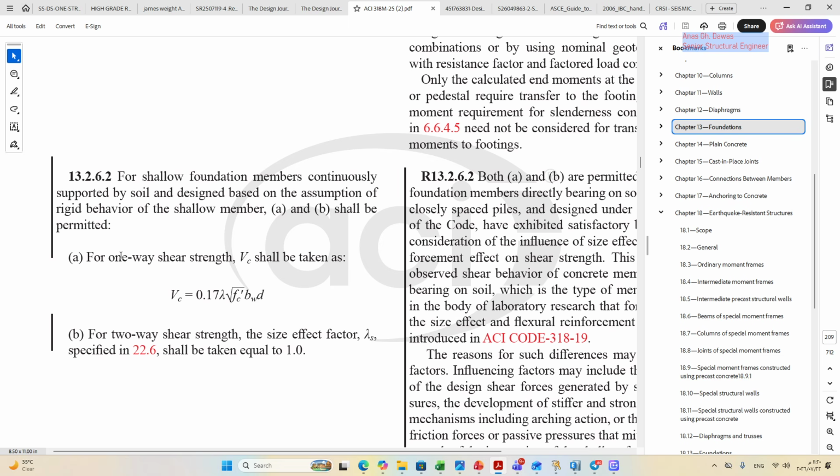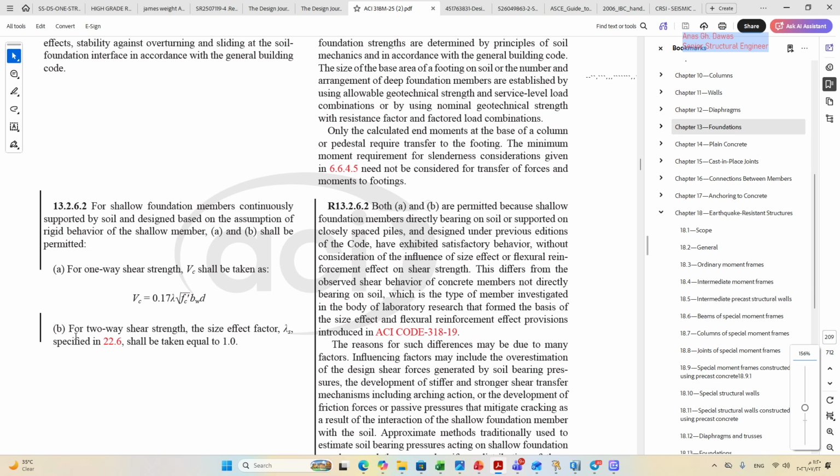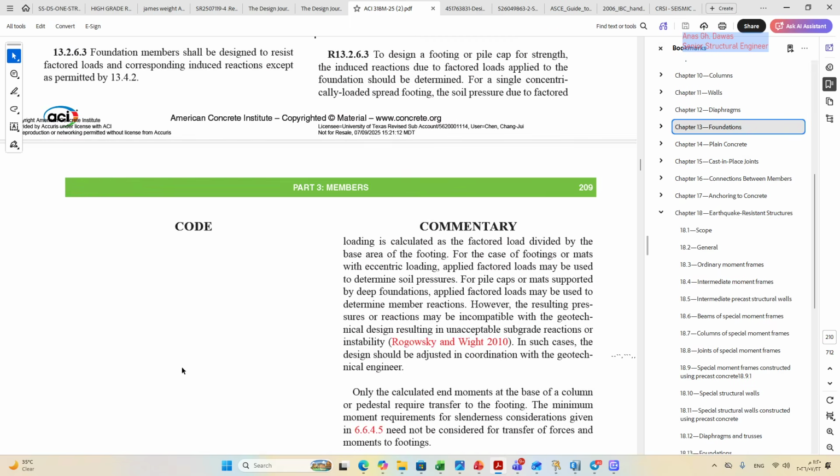As you can see here, for one-way shear strength of shallow foundations, you can use this equation. This equation is the same as the equation of ACI 318-14, and also for two-way shear strength, the size factor shall be taken equal to 1. Now you can get a much higher shear strength when compared to ACI 318-19.